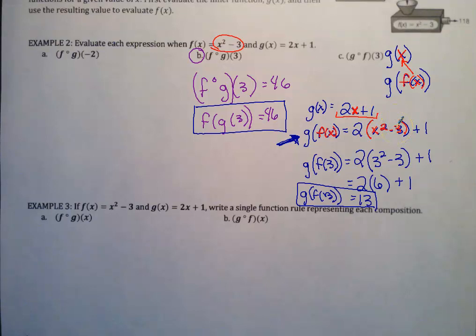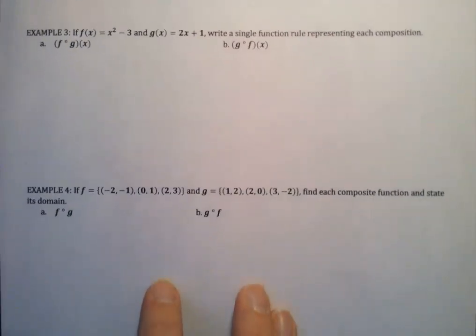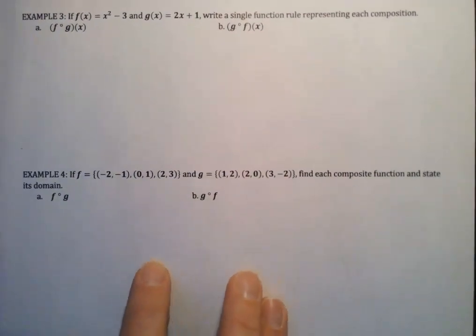So in 3, that's what we're going to do. We have to simplify it because we don't have a value for x. You could totally do that. I have such faith in you.